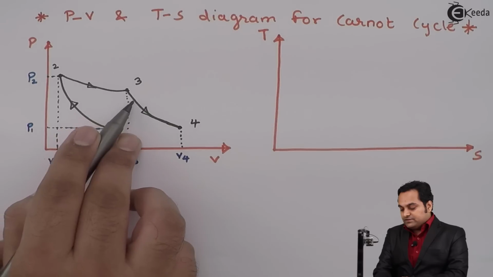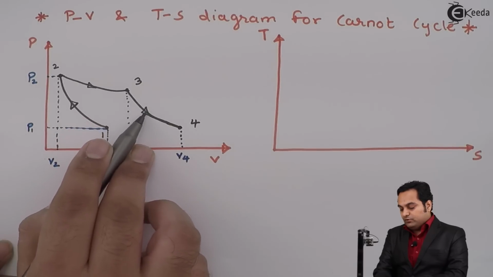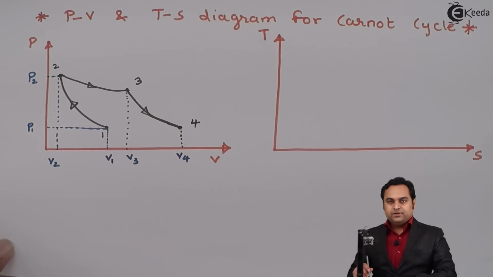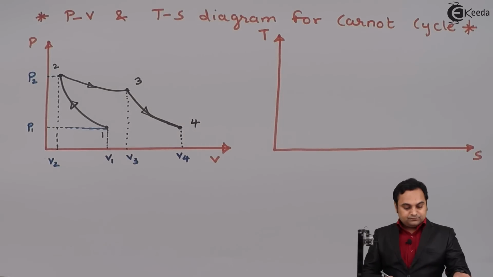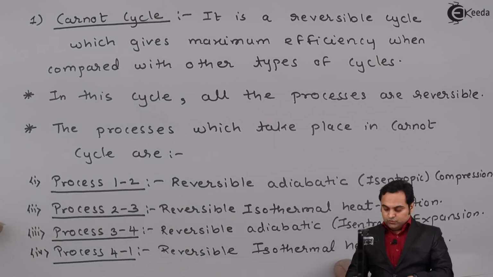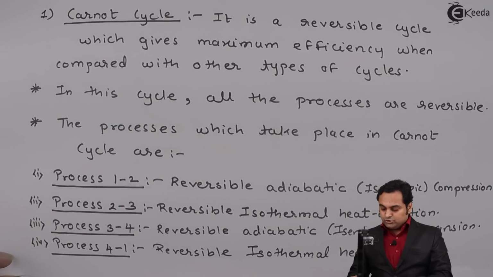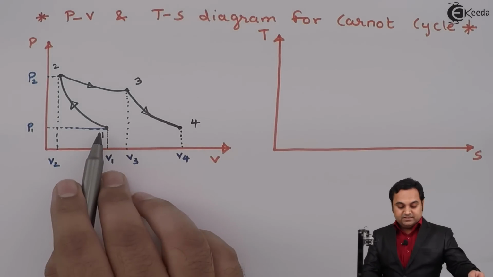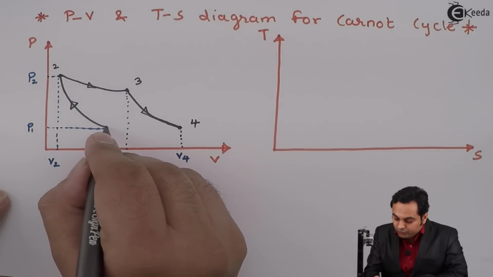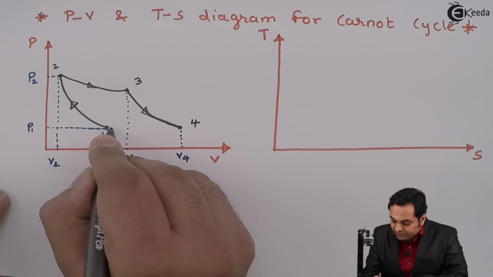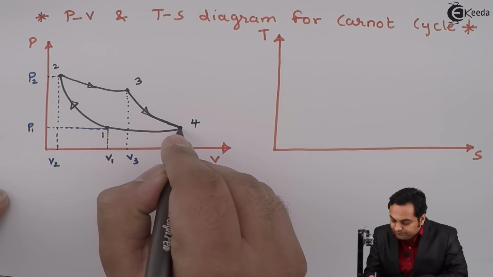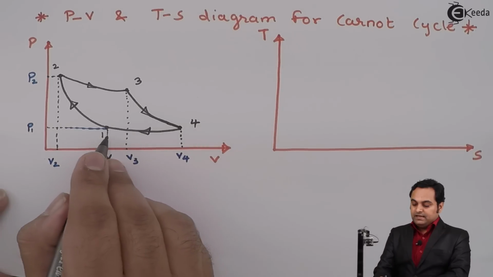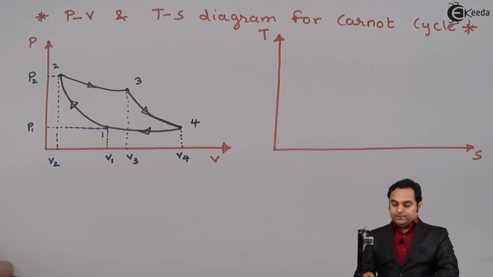So here this curve is going down because volume should increase and pressure should drop. Next, the last process, which is reversible isothermal heat rejection. So once the expansion has taken place, now the heat would be rejected. So again the process is isothermal from 4 to 1, that is isothermal heat rejection.